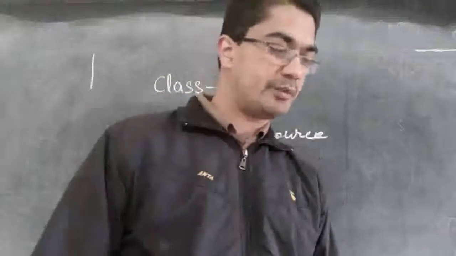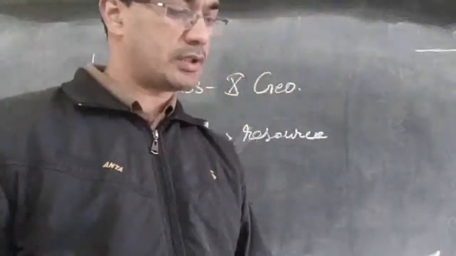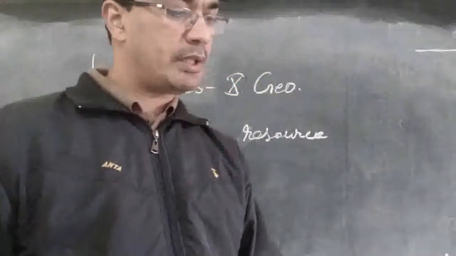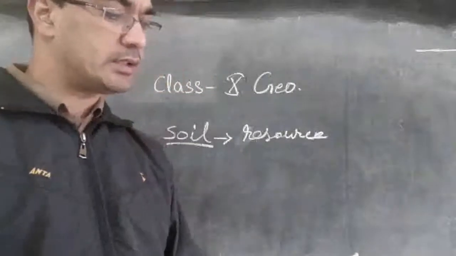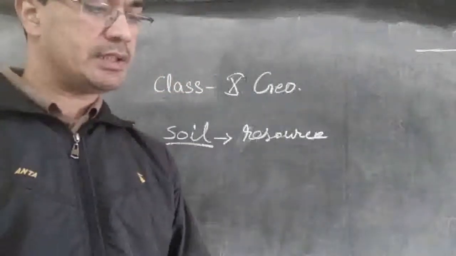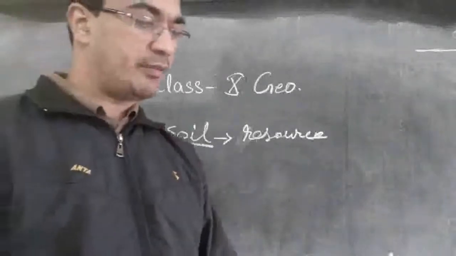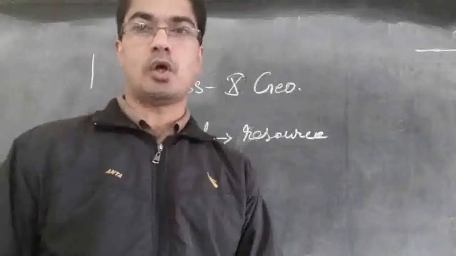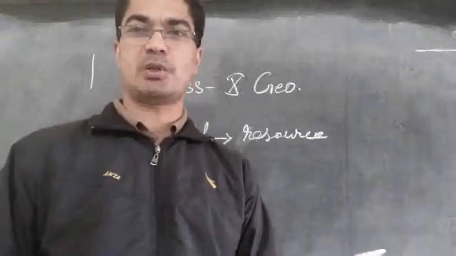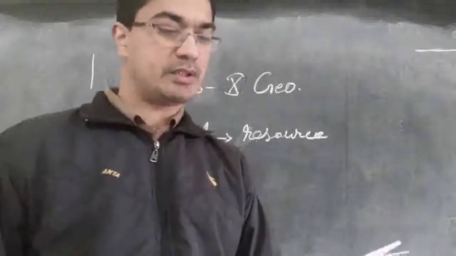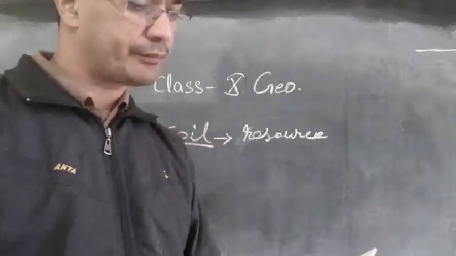So they are also helping to form the soil. Then chemical and organic changes which take place in the soil are equally important. So there will be chemical changes taking place, organic changes taking place. All these are also important in the formation of soil.